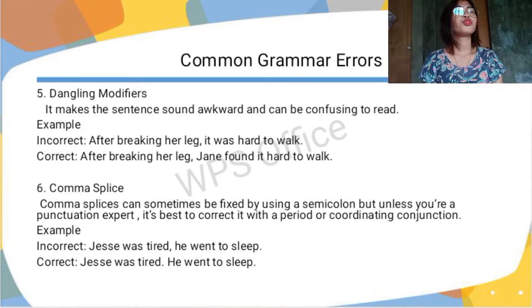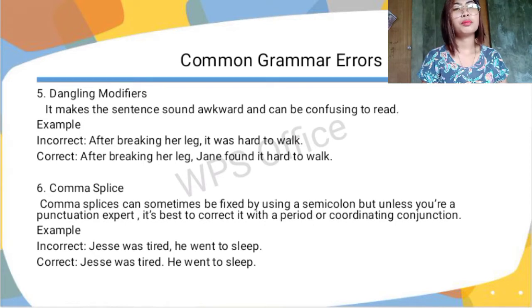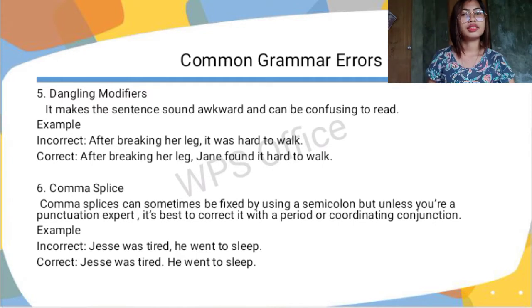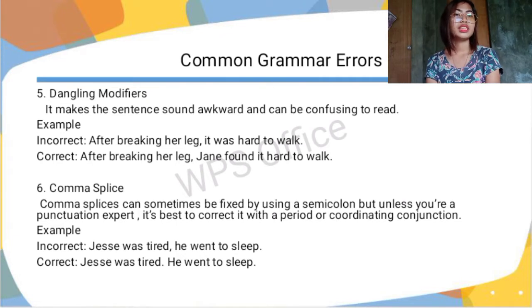The next common grammar error is the comma splice. Comma splices can sometimes be fixed by using a semicolon, but unless you're a punctuation expert, it's best to correct it with a period or coordinating conjunction. So for example, "Jesse was tired, he went to sleep."